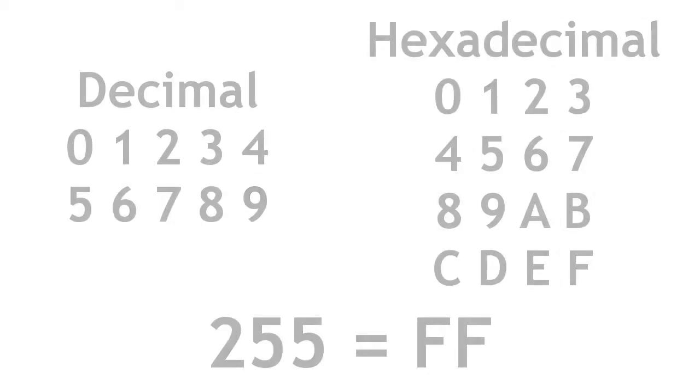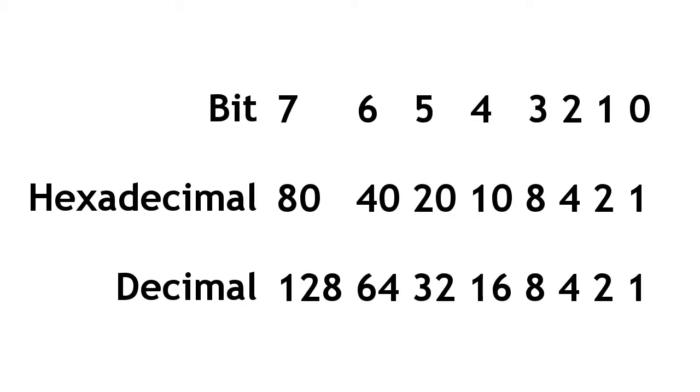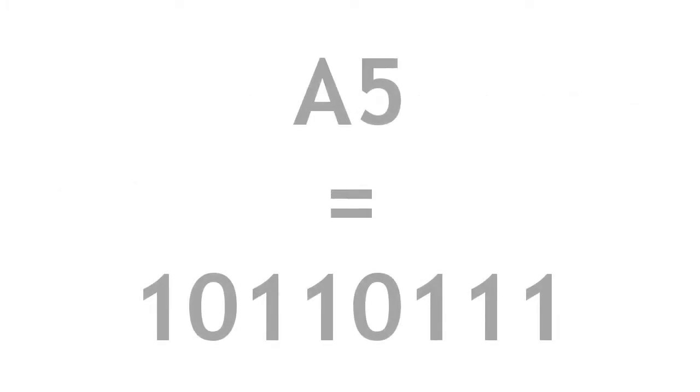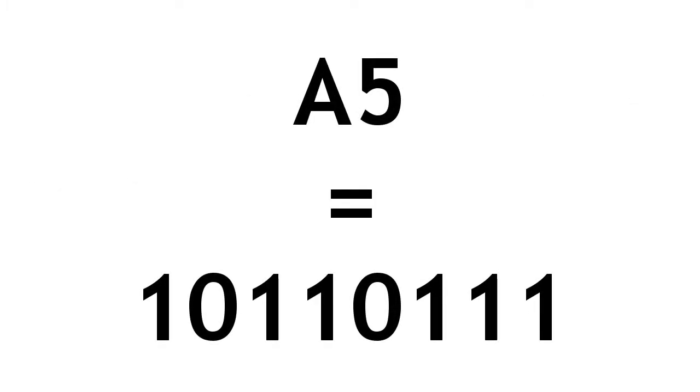In base 16, each bit can be calculated in a simpler way. 10, 20, 40, and 80 is easier to count than the decimal alternative. You can think of each 4 bits as one hexadecimal digit. So we generally read computer memory in hexadecimal, while the computer reads it in binary.